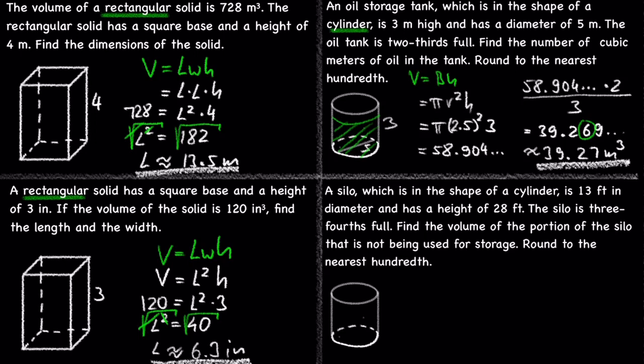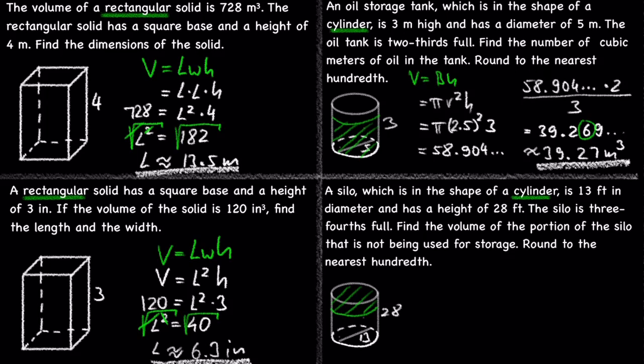A silo, which is in the shape of a cylinder, is 13 feet in diameter and has a height of 28 feet. The silo is 3/4 full. Find the volume of the portion of the silo that is not being used for storage. Round to the nearest hundredth.